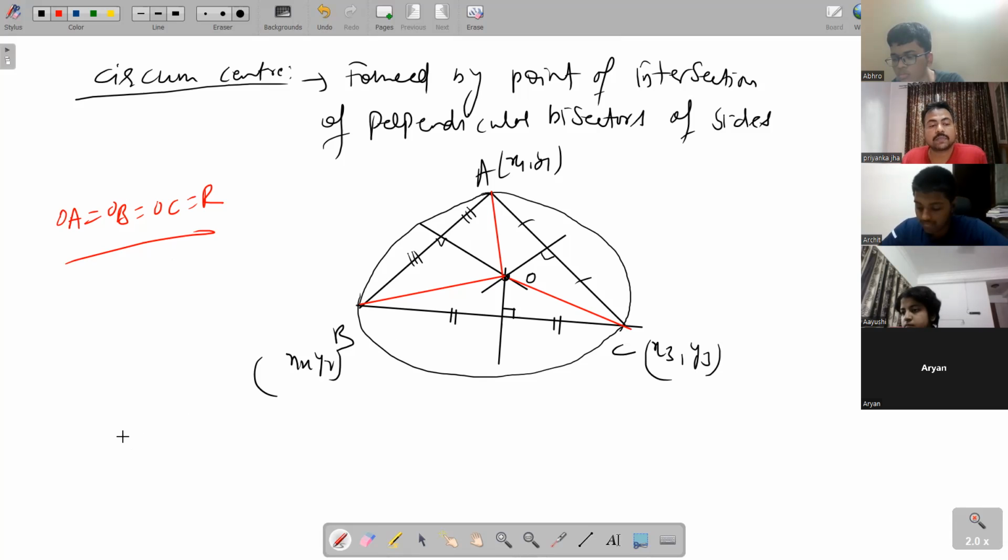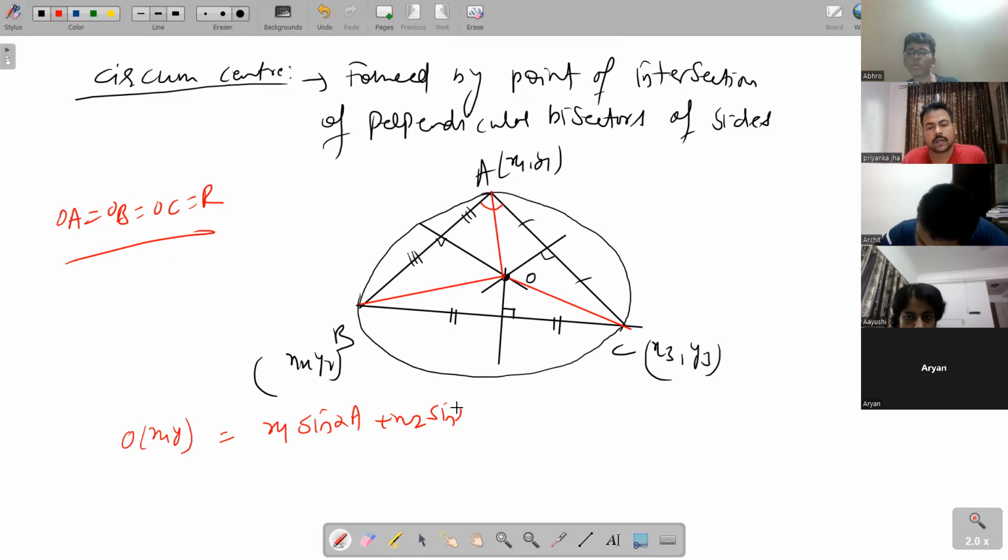And the coordinate of circumcenter will be, there is a formula, we'll derive it later. See, x1 sine 2a. सर फॉर्मूला याद करने की जरूरत नहीं है ना, दो इक्वेशन आके उसका पॉइंट ऑफ इंटरसेक्शन लेके हो जाएगा. हाँ, फॉर्मूला याद करने की जरूरत नहीं है, but sometime it may come in use, but this is not required. But there is nothing harm in if you remember this.